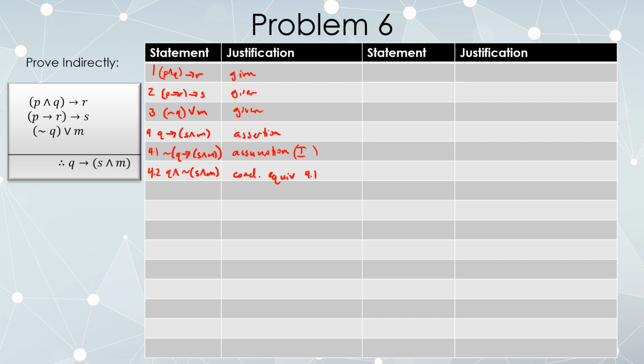Now that we have a conjunction, I'm just going to specialize it. With the negation of S and M, I really want to do De Morgan's law on that: not S or not M. That's De Morgan's law on line 4.4.